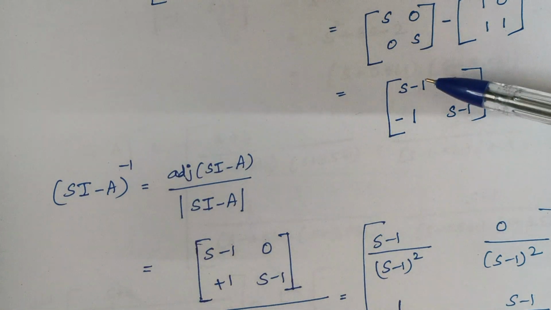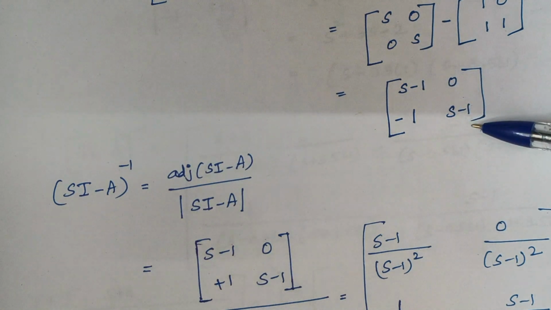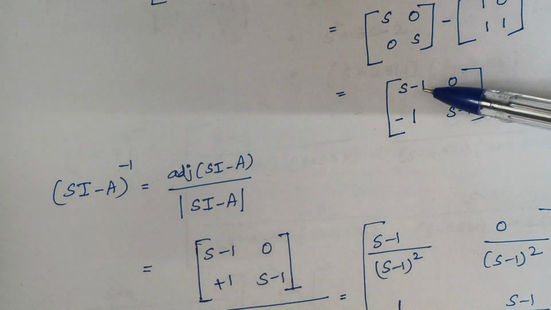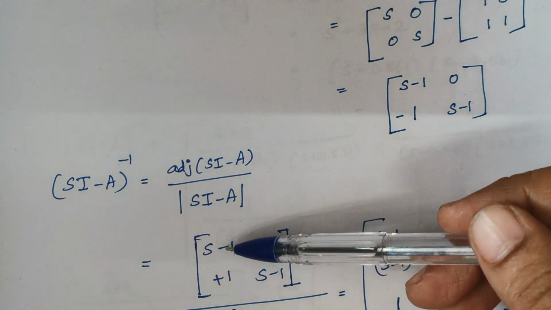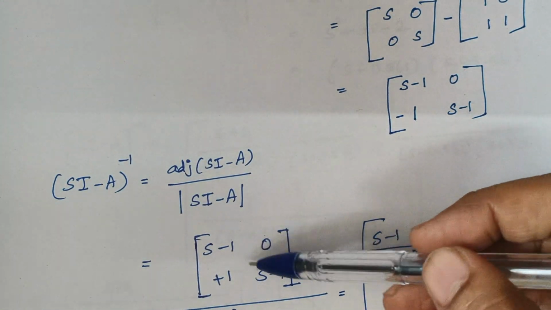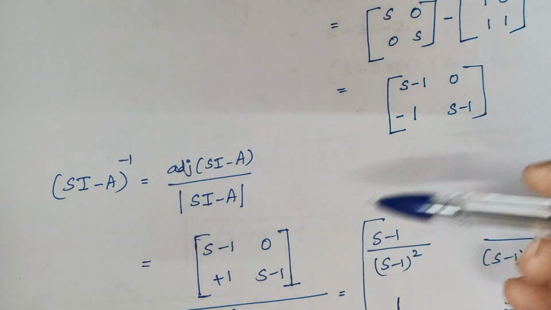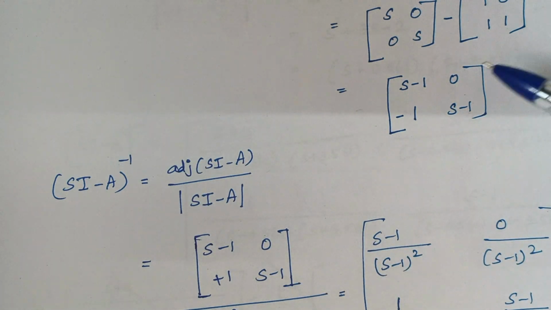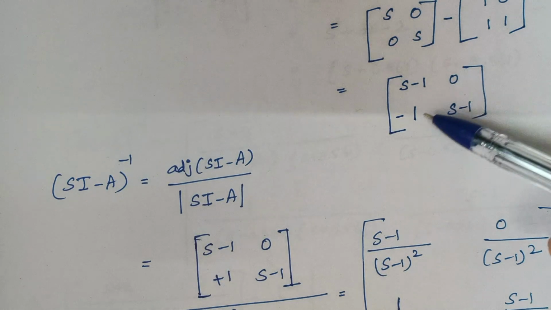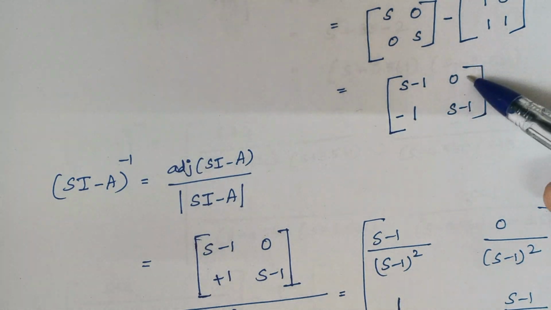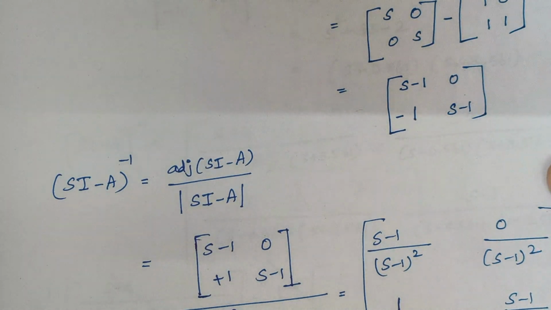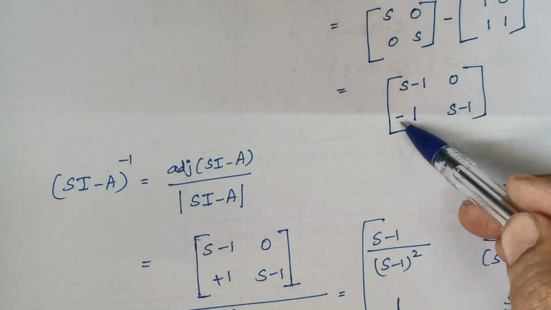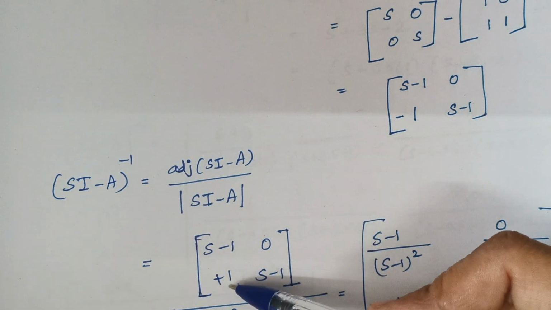Here we just have to interchange these two terms, right? So here both the terms are the same, so even after we interchange we will have the same values here. And the next thing is we have to change the sign of these two elements. Right, so minus 0 doesn't mean any value, so 0 remains 0 and here this minus 1 becomes plus 1.